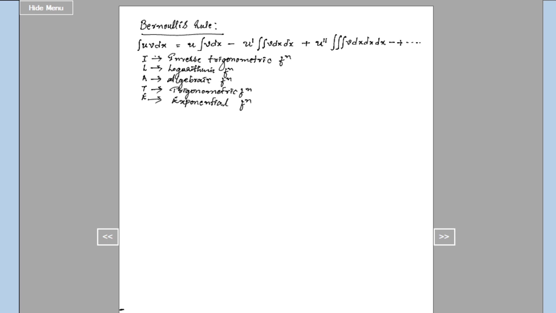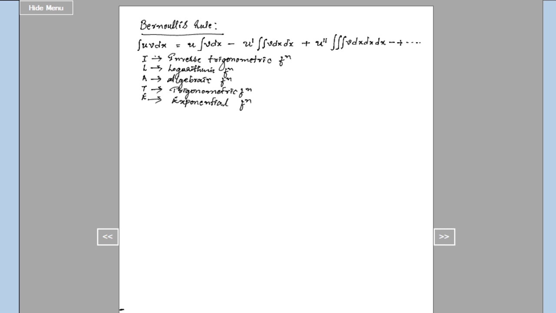So the preference is given as I, L, A, T, E for u and v. Knowing this minimum concept, I'm giving some examples to solve the problems under Fourier series with definite integrals.